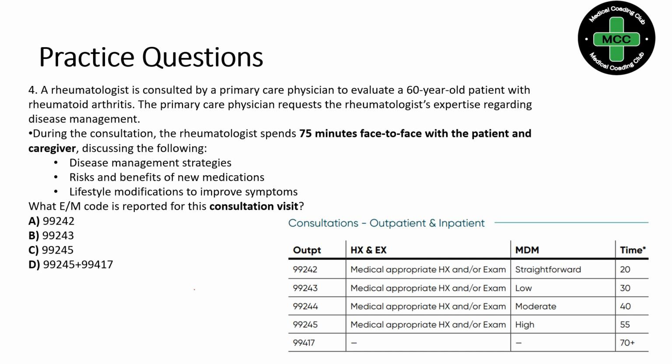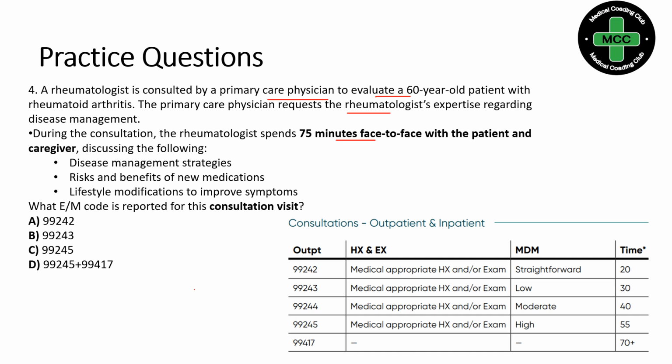Here again, a rheumatologist is consulted by a primary care physician to evaluate a 60-year-old patient with rheumatoid arthritis. The primary care physician requests the rheumatologist's expertise regarding disease management. During the consultation, the rheumatologist spends 75 minutes face to face with the patient and caregiver, discussing disease management strategies, risk and benefit of new medication, and lifestyle modification to improve the symptoms.